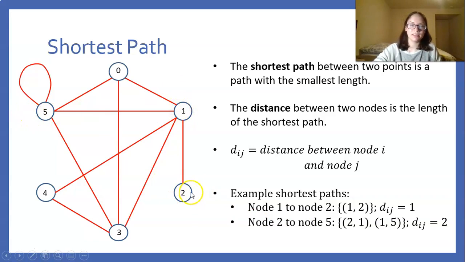So the distance is equal to 2. Of course, we could take a different path, 2 to 1, 1 to 3, 3 to 5, but the length of that path is 3, and that is not the shortest path, because we can take 2 to 1, 1 to 5. So the distance is considered to be 2.